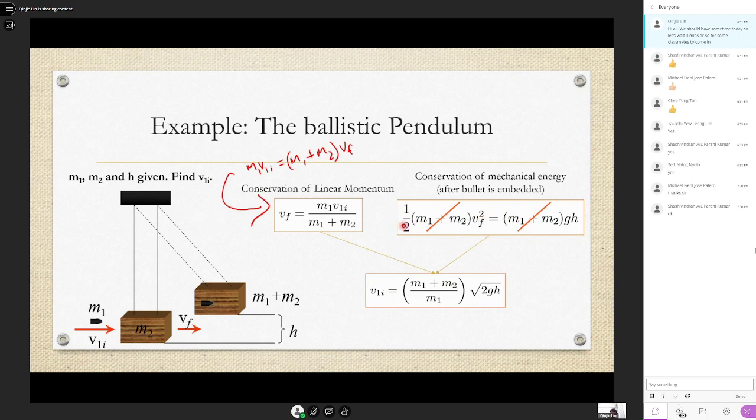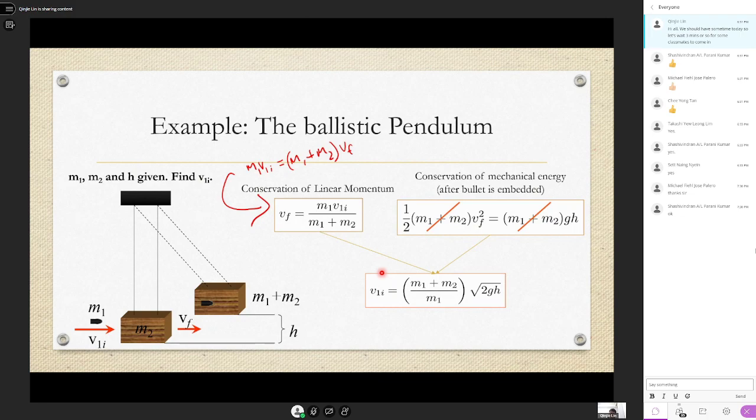Kinetic energy, half mv squared, all gets converted to potential energy. That's how we write out this equation over here. Then if you combine the two equations, depending on what you need to find, in this case V1I, combine them both and then find V1I.